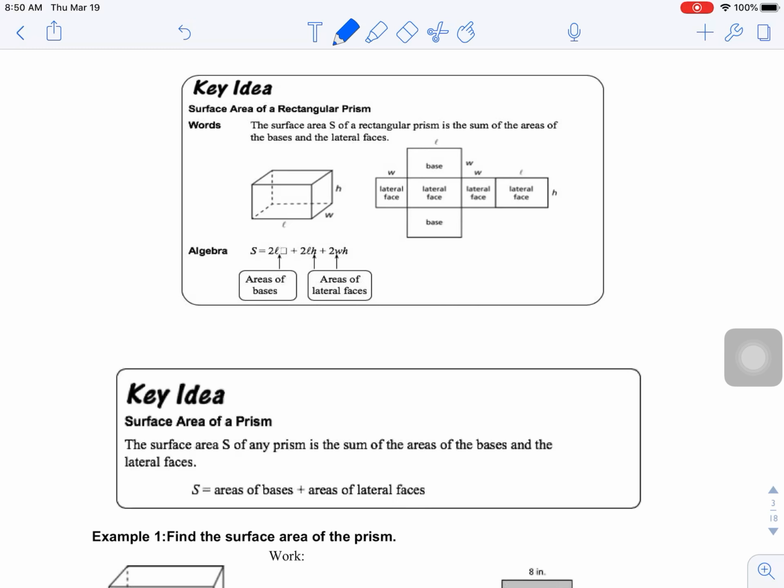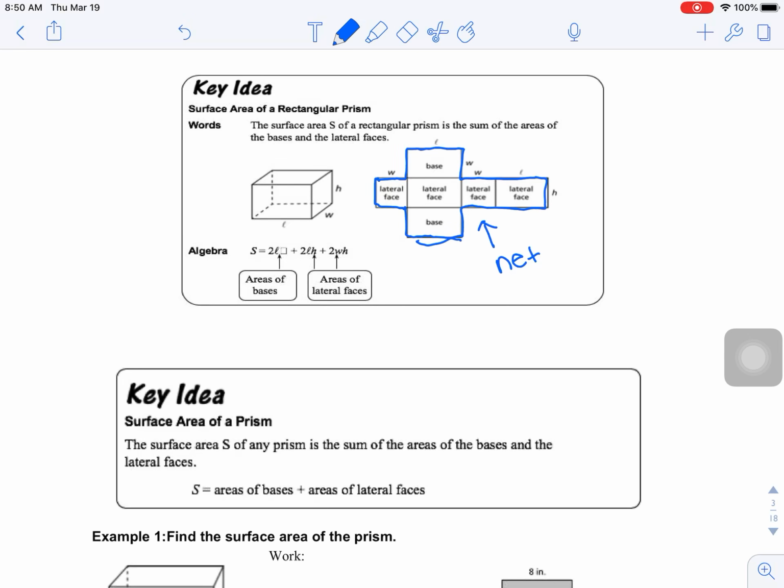All right, looking at the key idea here. It says surface area of a rectangular prism. They're showing you what the prism looks like, and then all they did here, in this one that I'm outlining in blue, is they unfolded that shape. What we have here is what we call the net.